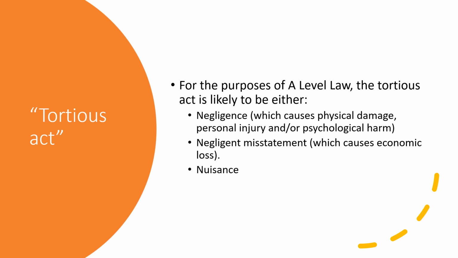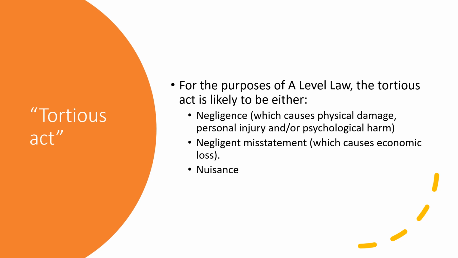Now, for A-level law purposes, the tortious act, the tort is going to be either negligence, which causes physical damage, personal injury and or psychological harm, or of course negligent misstatement, which causes economic loss. Now, they're the two most likely. Of course, we're not going to have some crossover between crimes and torts, unless of course it is in isolation or a multi-choice question, or indeed if this forms part of a theory question on question 9.